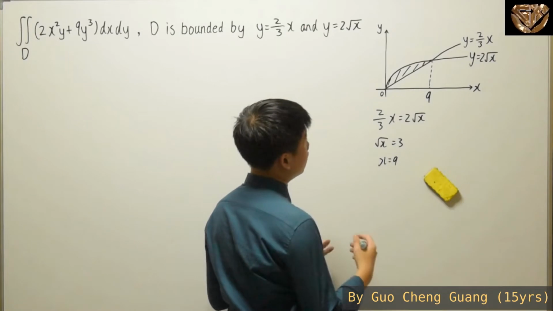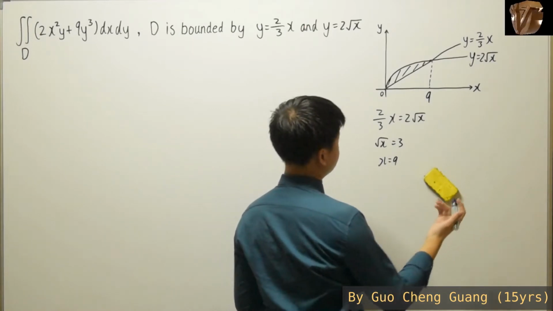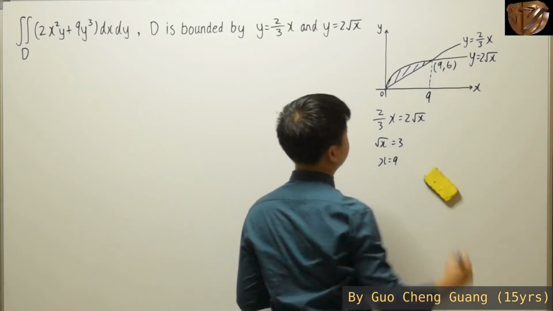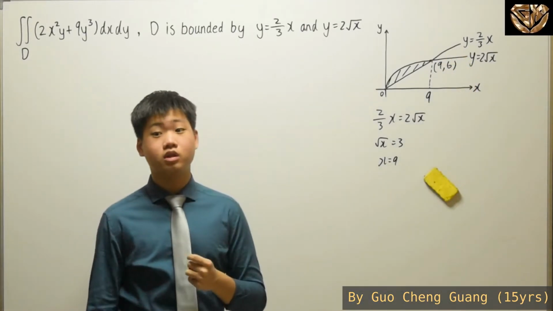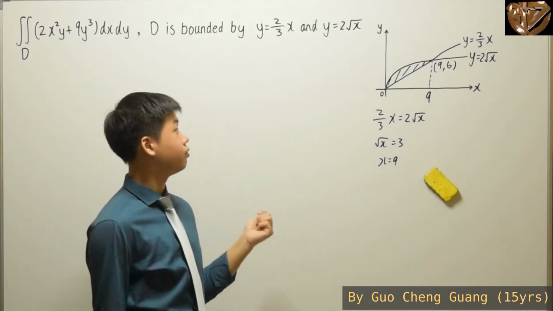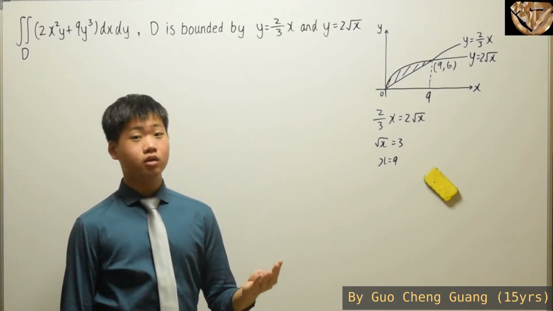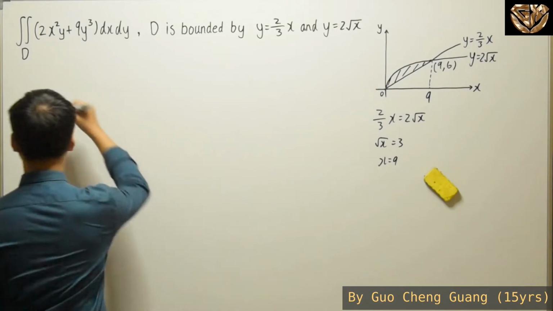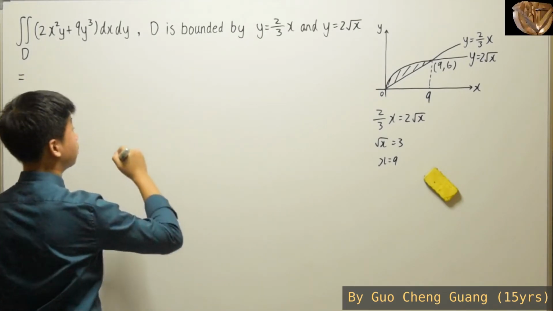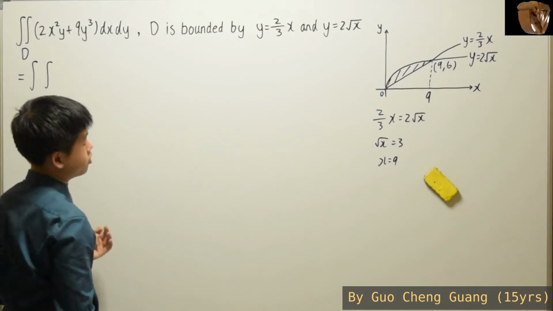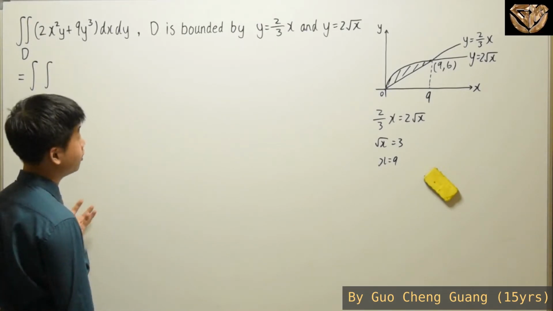Well, of course, if you want to use other methods, you would probably want to know that this is the point (9, 6), since you can just substitute in the value of 9. Right, so now that we know this information, we can start integrating. So you will have a double integration, or you can also change it to iterated if you're confident enough.